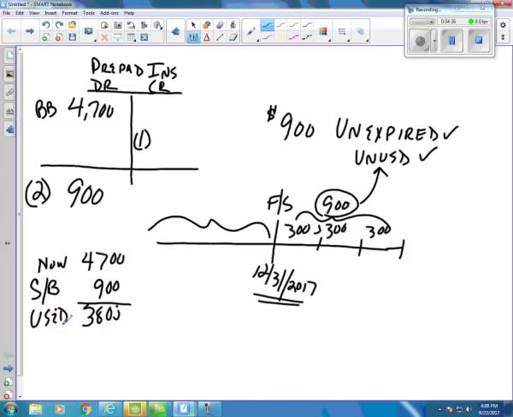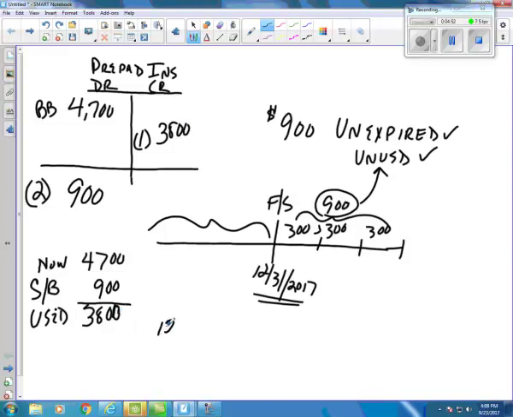So we would credit our prepaid insurance for $3,800, and this is the amount of the insurance that we have used, so that is our insurance expense.